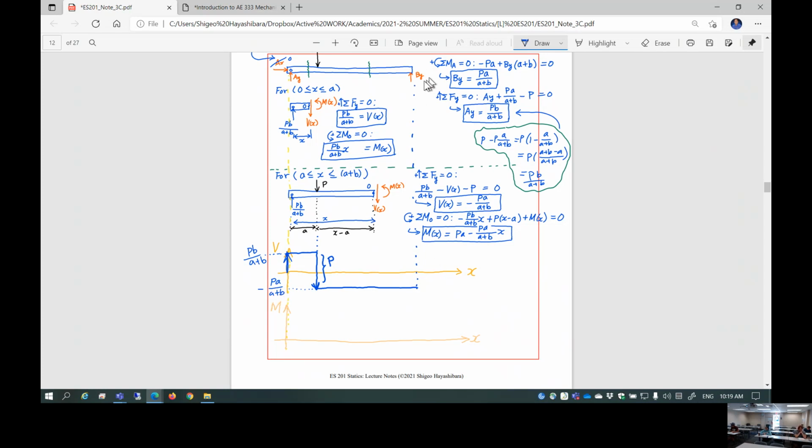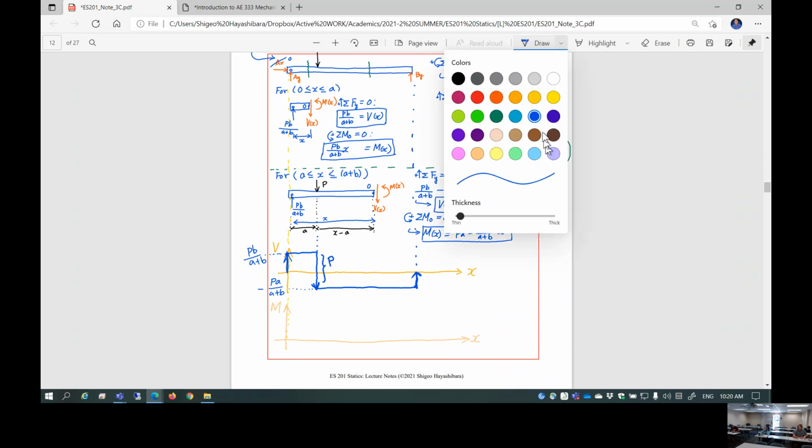Then here BY, the support reaction, shows up. Jump up, go back to 0. This is the shear diagram. Does it make sense? I hope. So this is how you construct the shear diagram.